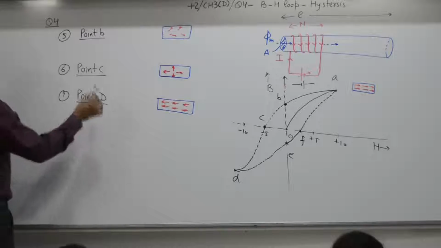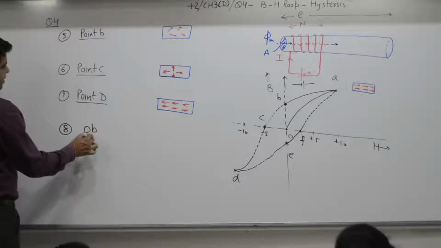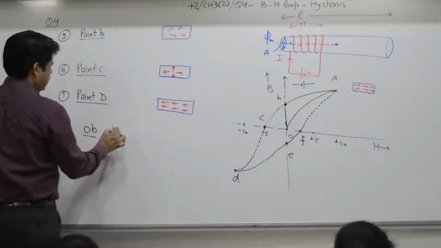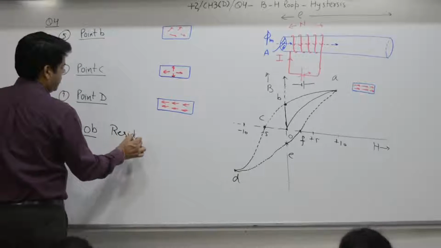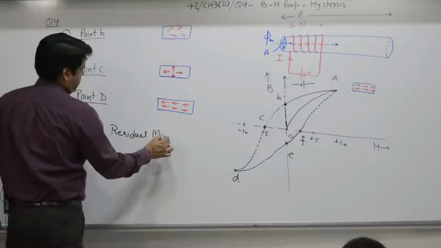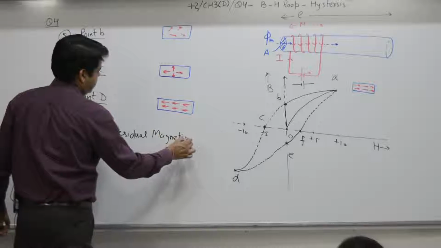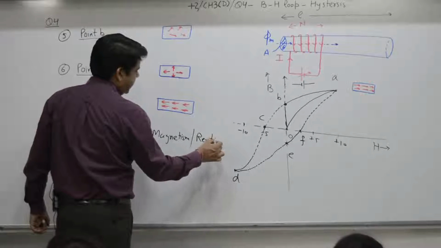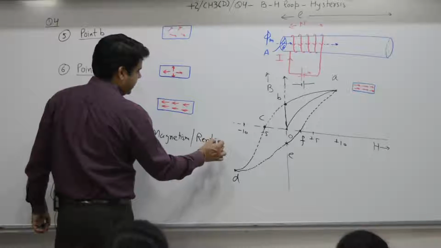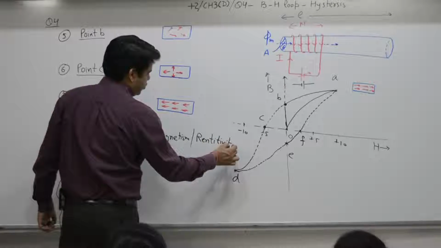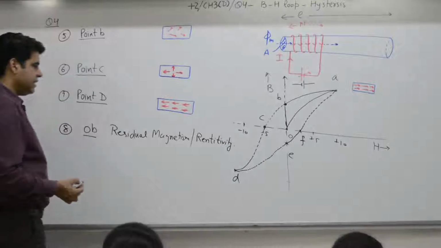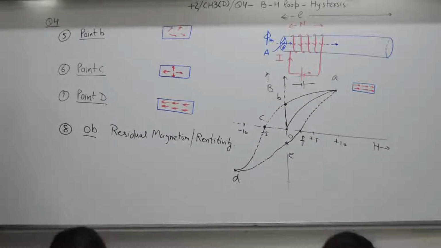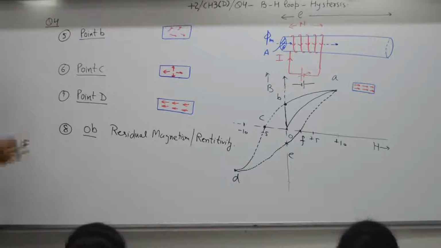At 8 you can add on objective questions. OB is residual magnetism. They write retentivity, I write retentivity. So both names are there. Retentivity. Yes. They write retentivity T also, not a problem.